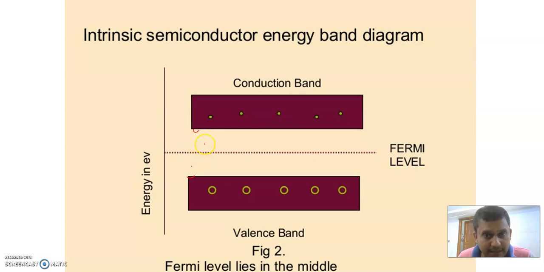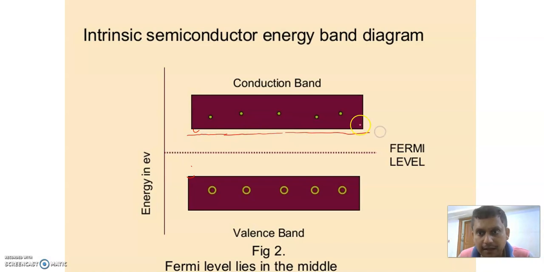In extrinsic semiconductor, there are two types, N-type semiconductor and P-type semiconductor. In N-type semiconductor, the majority charge carrier is electron, and in P-type semiconductor, the majority charge carrier is holes.